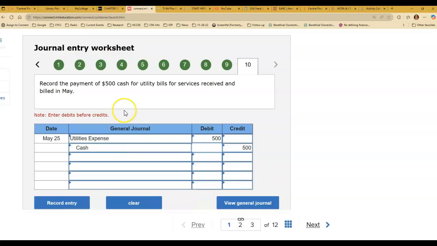All right? Remember, if one word changes, the answer changes. If it said something like, record the payment of $500 cash, let's see, hang on a minute. No, it would need to say something like, record the utility bills for services received and billed in May, but payable in June.